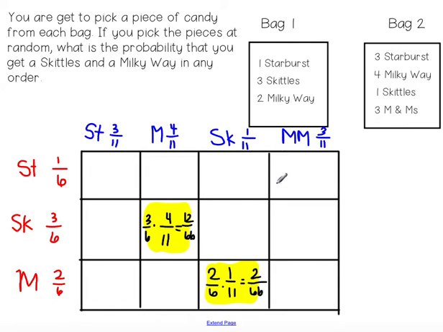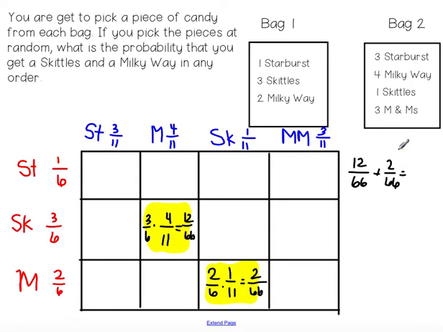All right, and now since we found the areas, remember again this is our generic rectangle, we're actually going to be adding those two fractions together, and we have 12 over 66 plus 2 over 66, which is good because they already have a common denominator.